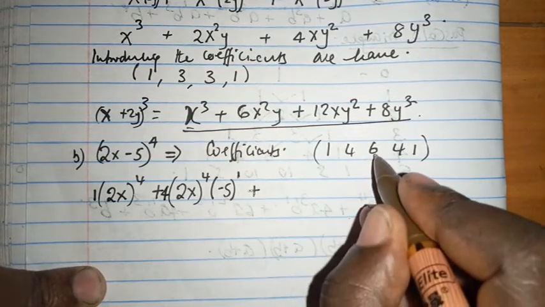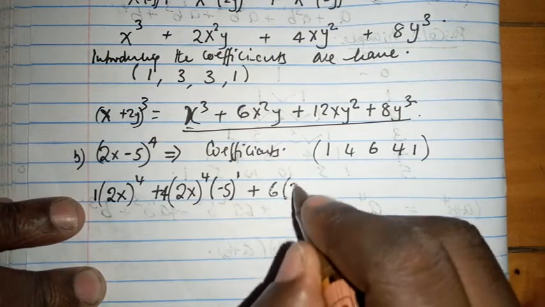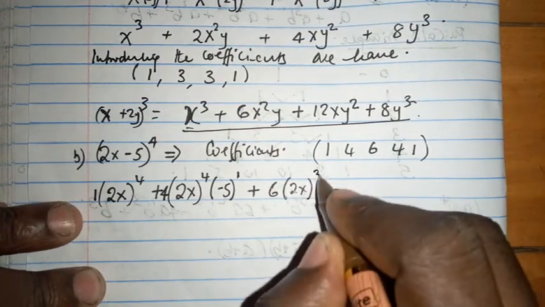Plus the coefficient in the third one is 6 multiplied by the first term 2x raised to power 3.